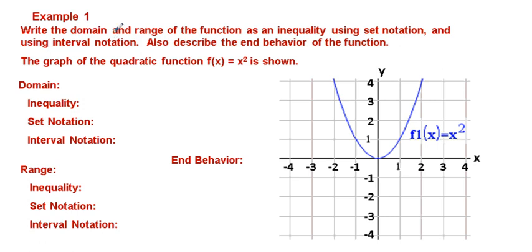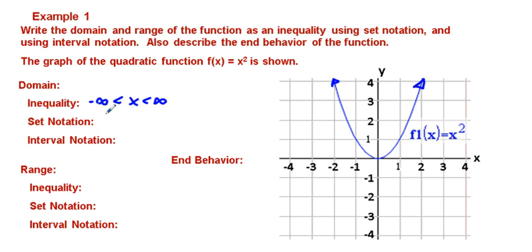Example 1, write the domain and range of the function as an inequality using set notation and using interval notation, also describing the end behavior of the function. So what we have for a domain in inequality notation, well, our domain is going to be all real numbers. So in inequality notation, we would write that down as x is greater than negative infinity, but less than infinity. Okay, this is the parent quadratic function.